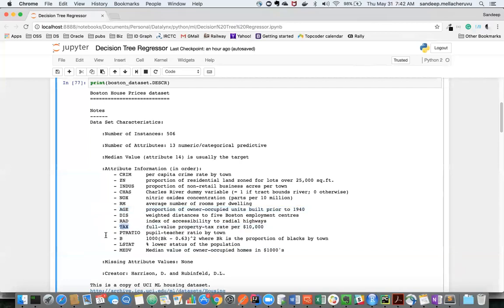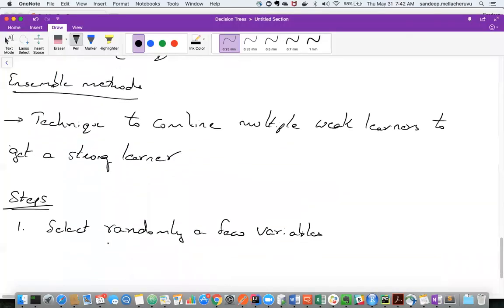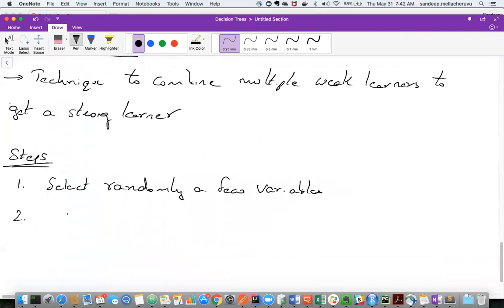Let's say I selected these randomly, 4 of the variables. So with those 4 variables, what you do is build a decision tree. The same way that we did earlier.